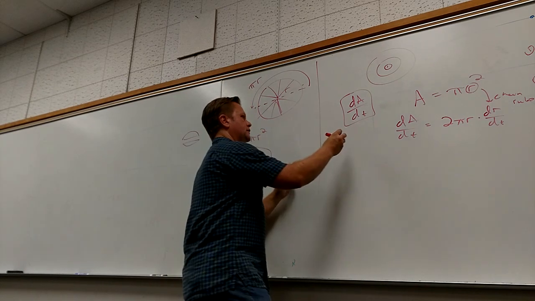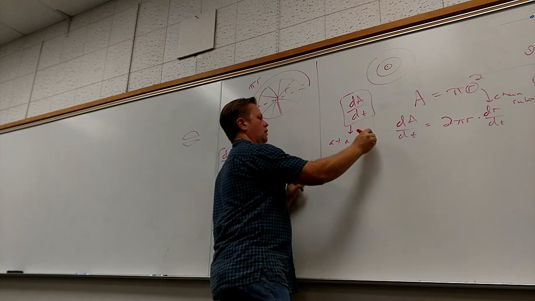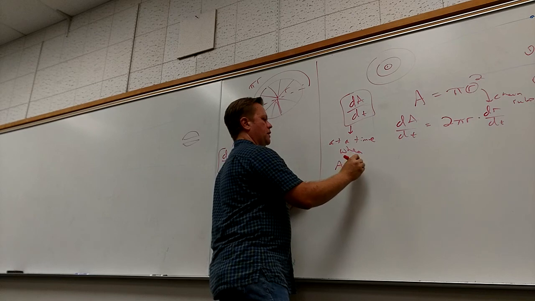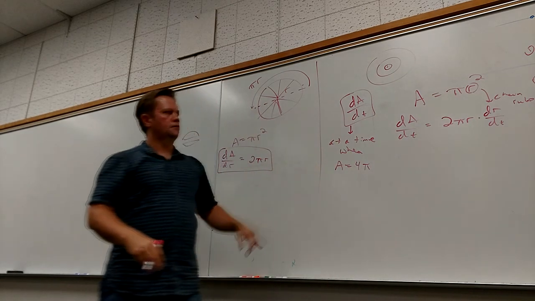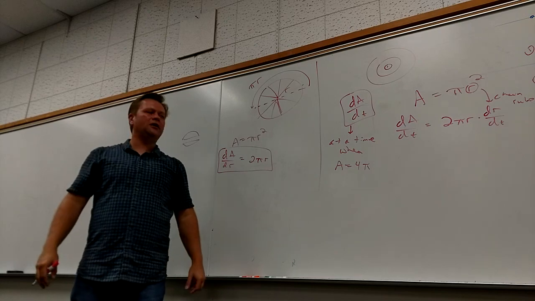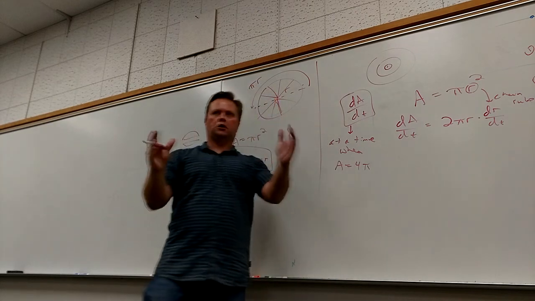Okay, so let's say I want to know dA dt at a time when the area is 4 pi. So how quickly is the area changing at a time when the area of the circle is currently 4 pi?